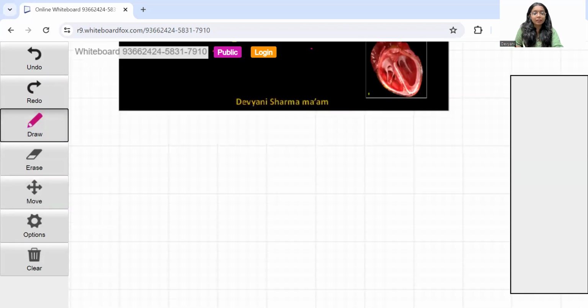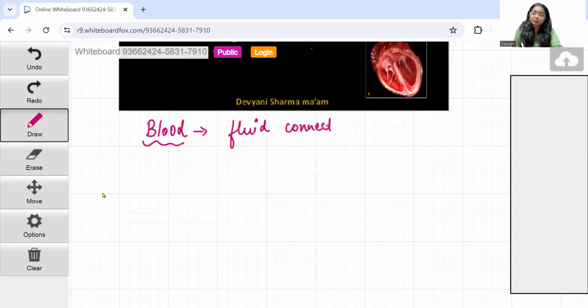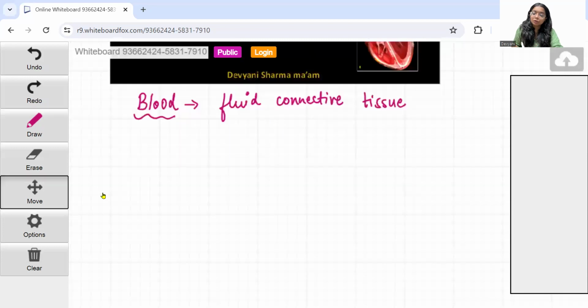If we talk about blood, it is prominently a fluid connective tissue, right? Definitely it is the fluid present in our body, but specifically it is the fluid connective tissue. You have already studied about connective tissue.